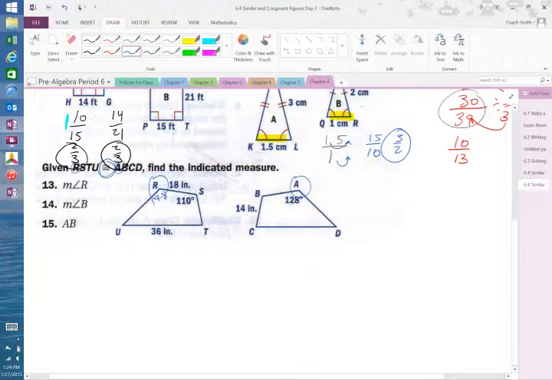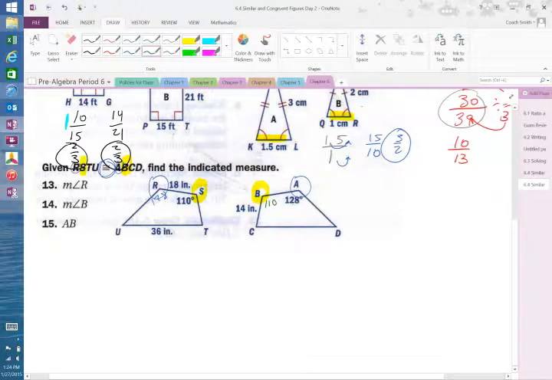Now they've obviously been flipped away from each other. Then it says B and S are the same. So angle B and angle S are the same. So if S is 110 degrees, what does B have to be? 110.